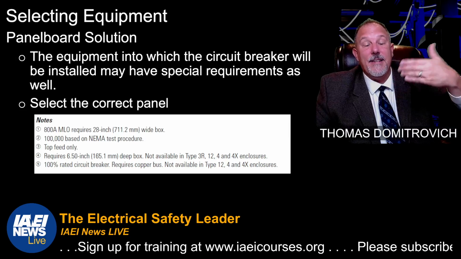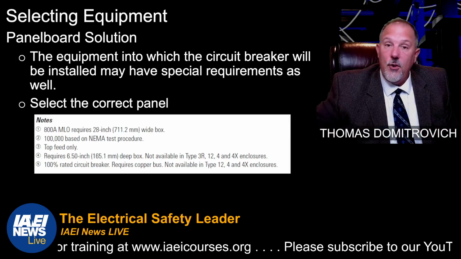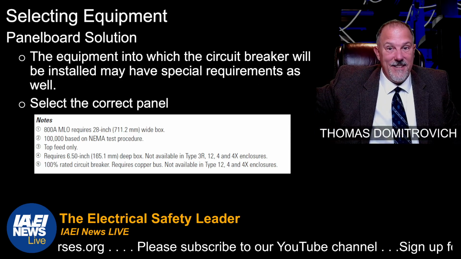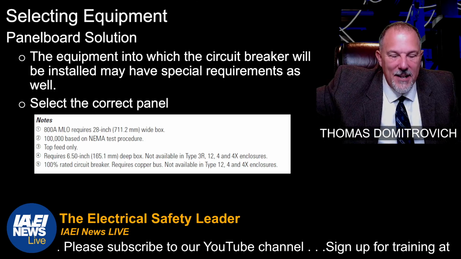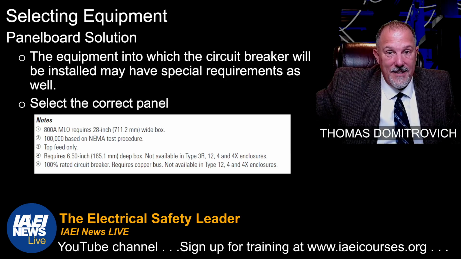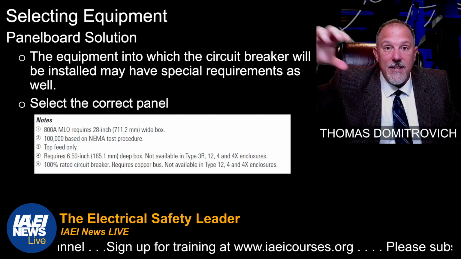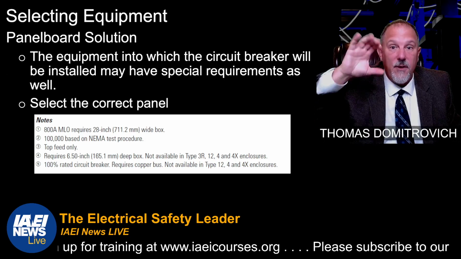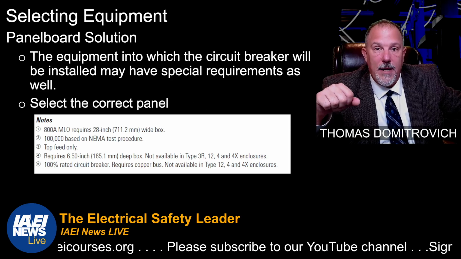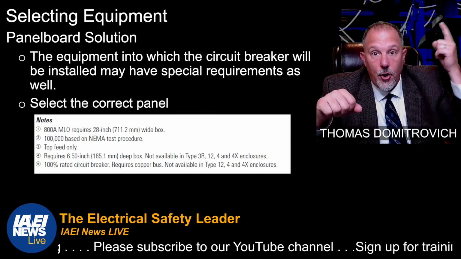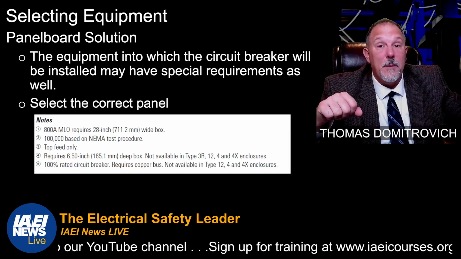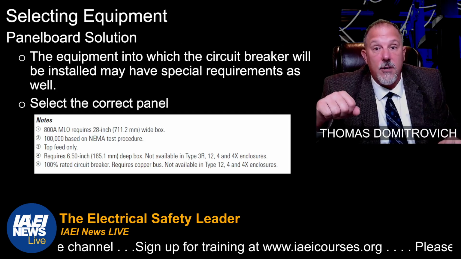So if you needed 4X and you did your design way back in the load calculations, and you did 100% of continuous and 100% of non-continuous instead of 1.25 times continuous, and you picked your conductors, which are going to be smaller than the 125%, and now you picked your circuit breaker and you go, oh boy, I need to make sure that's 100% rated. You have a 4X enclosure, you bought standard 80% rated breakers, you got an issue. You're going to have to change the panel board out in addition to the circuit breaker.